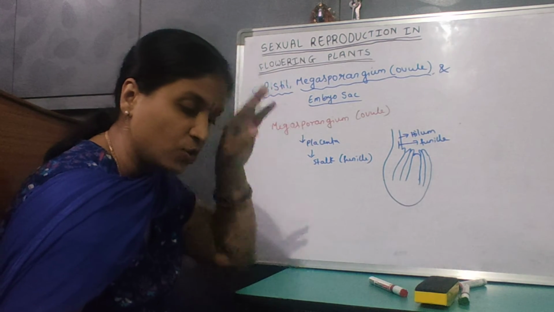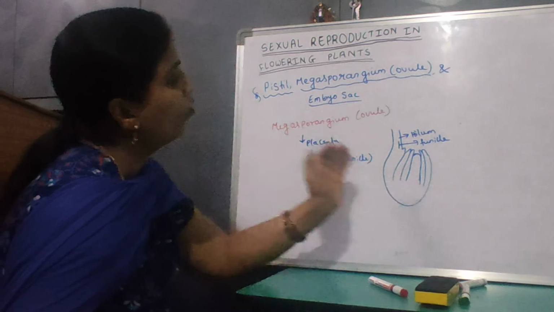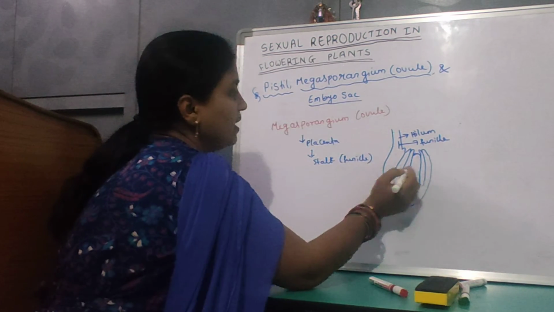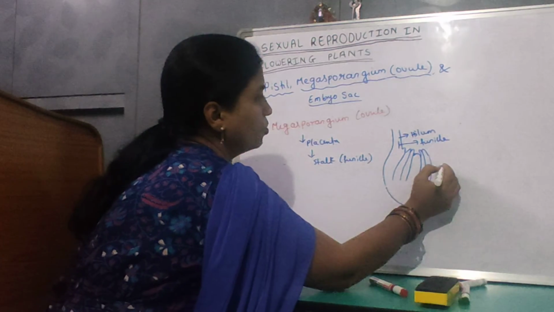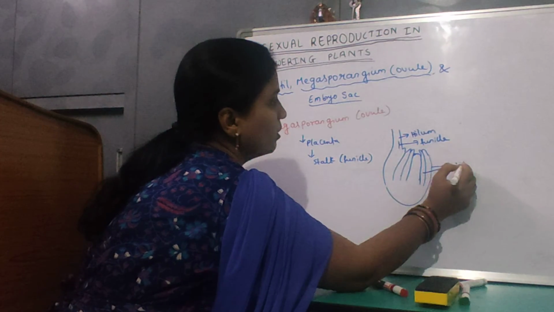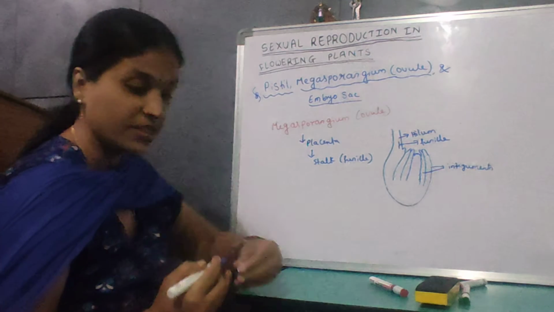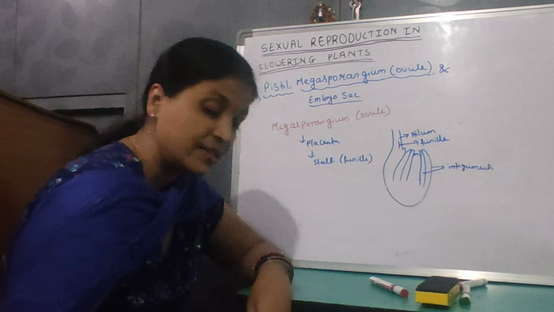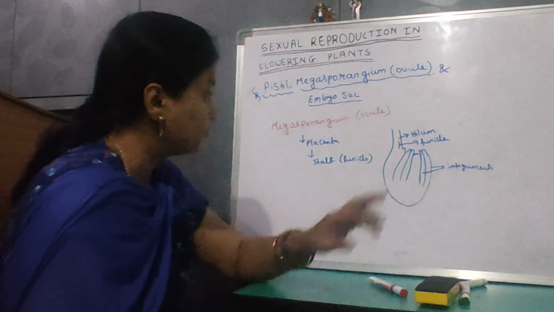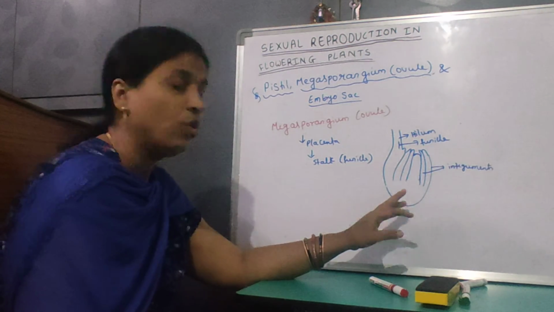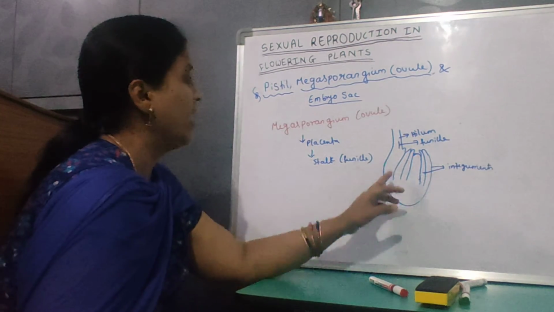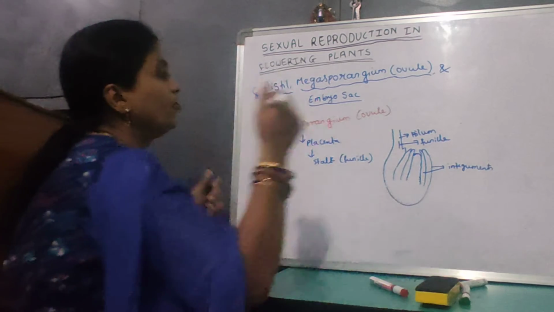Then each ovule will be having one or two integuments. So these are the integuments, sometimes one or maybe two or more. These integuments are not fused at the tip.